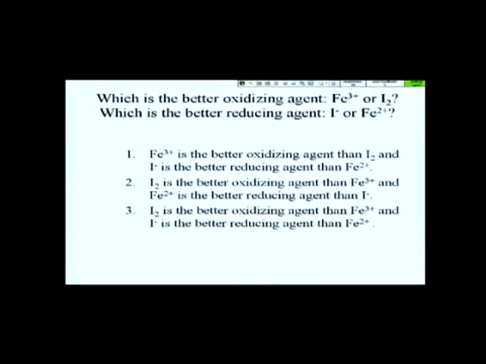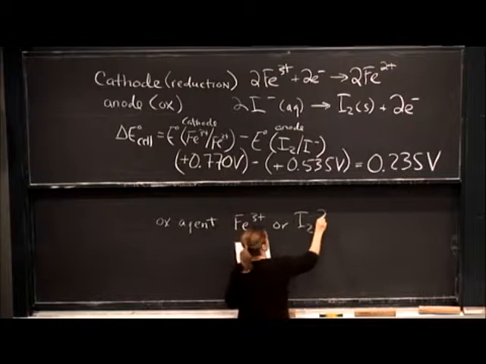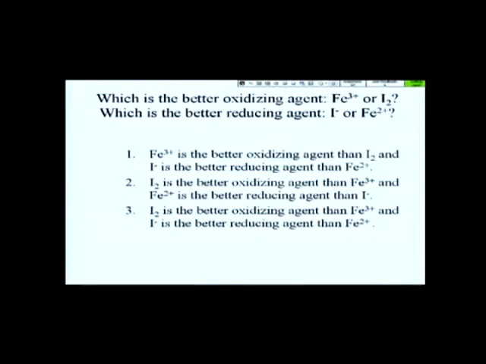So think about that one. All right, let's take 10 seconds.